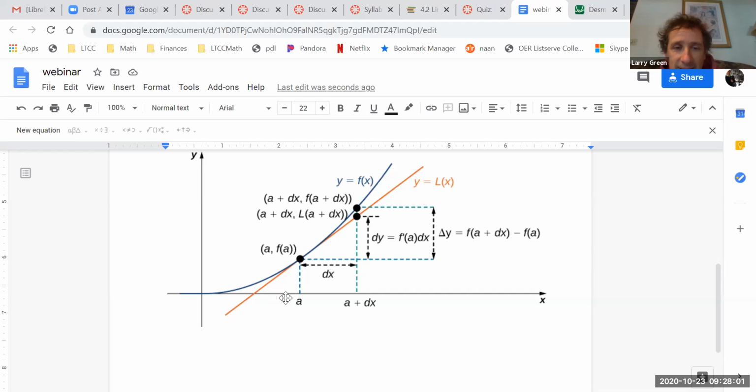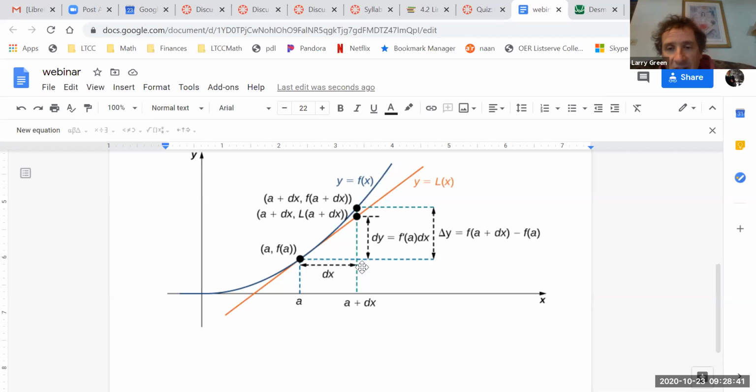Okay, and the idea here is a is kind of your central focus. That's your starting value, your starting point, and you're going to move off from that point. Well, you can see if you're looking at the curve, you're up here on the blue curve. If you're looking at the tangent line, you're a little bit lower. Any questions on that? The horizontal distance from the initial point to the final point is dx, again often called delta x.